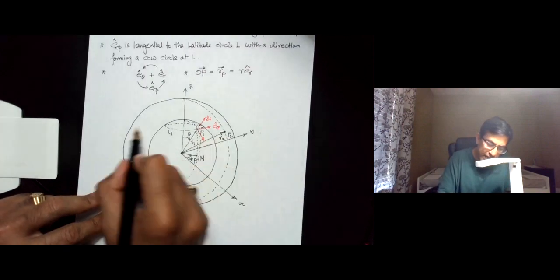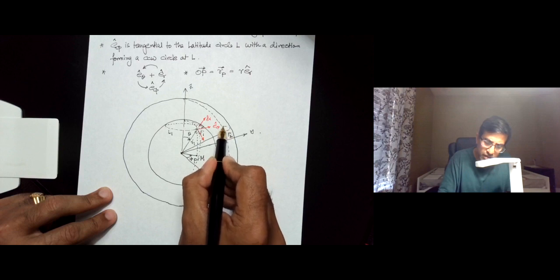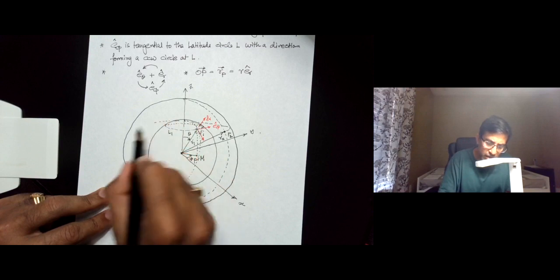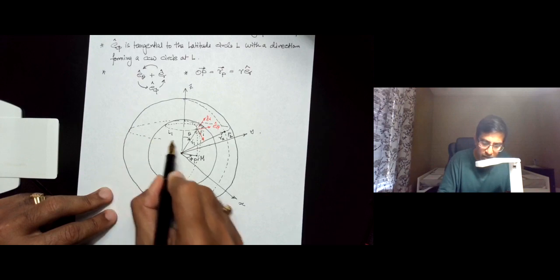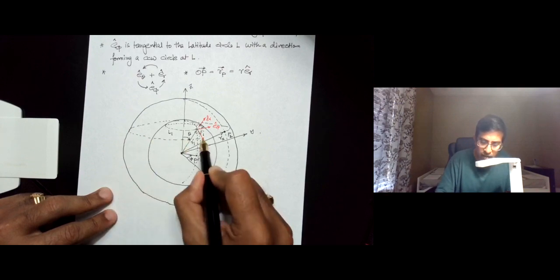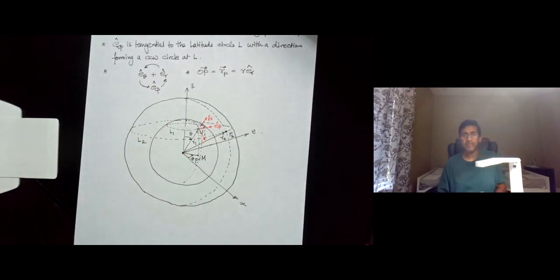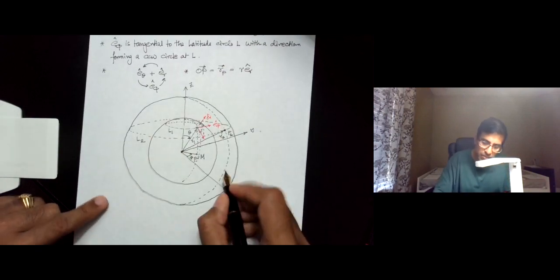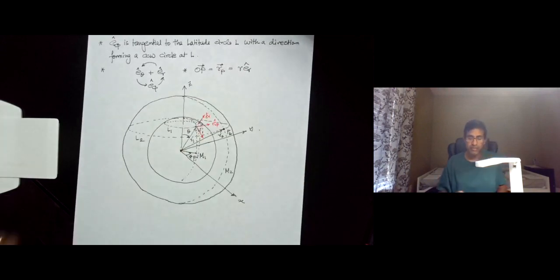And let's say that its latitude is given by this larger latitude circle. So this latitude is on the larger sphere. This is M1, this is L1, and this is M2. M2 is also on the larger sphere. The larger sphere has a radius of R2.